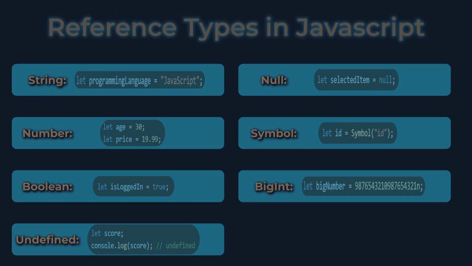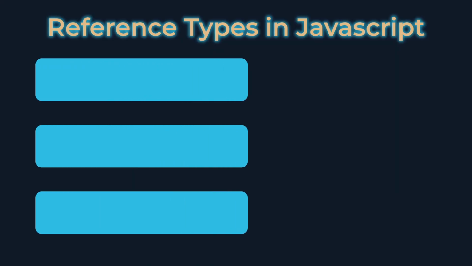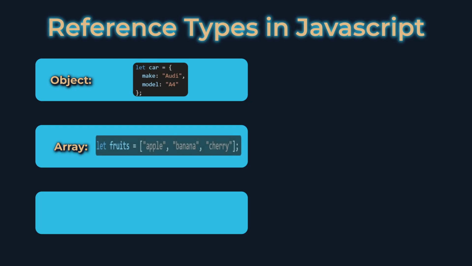Next, we have reference types, also called non-primitive. These include 1. Object, the most powerful data type in JavaScript, used to group related data and functions. 2. Array, a special kind of object for lists.